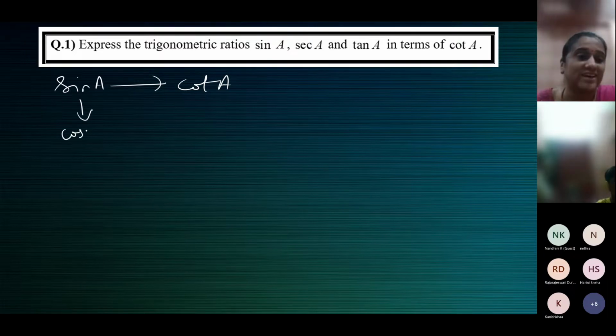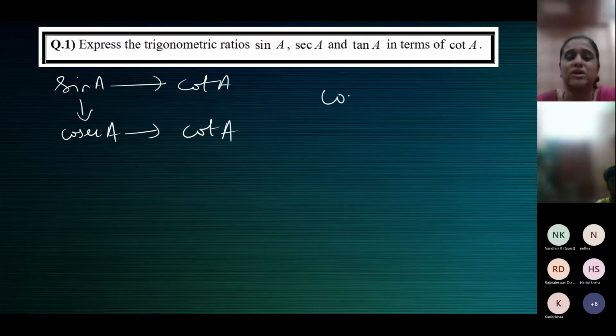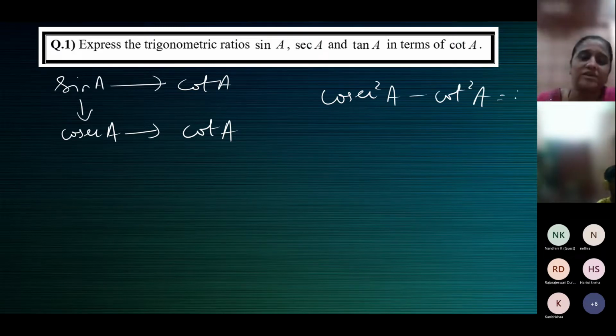Cosecant A. Now we cannot connect sin and cot, but the reciprocal of sin A, which is cosecant A, and cot A, yes, they are connected through an identity, because cosecant square A minus cot square A is equal to 1. So the idea is we'll take up this identity and write cosecant A in terms of cot A, and cosecant is nothing but 1 by sin.